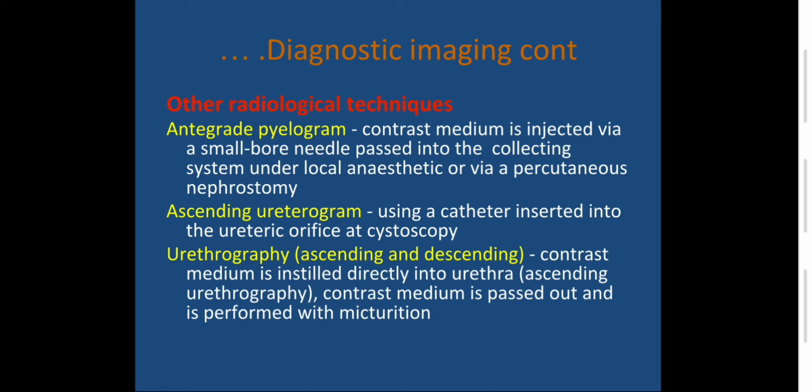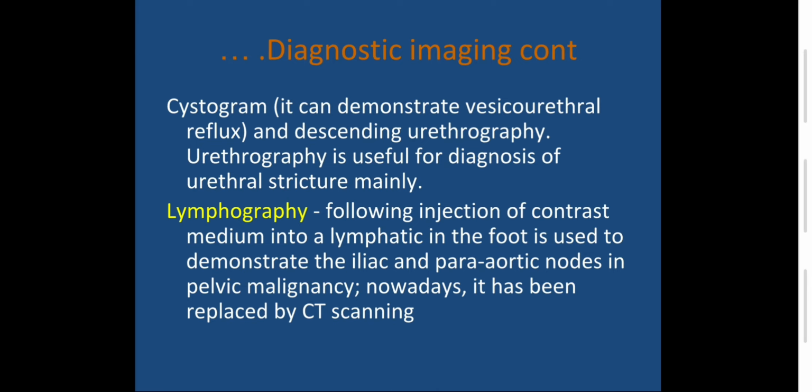Urethrography, ascending or descending, is done by injecting dye into the urethra retrogradely, or by injecting dye into the bladder and asking the patient to void to outline the urethra. That is called descending urethrography. This is used for evaluation of urethral disease such as stricture, or in case of trauma and injury of the urethra.